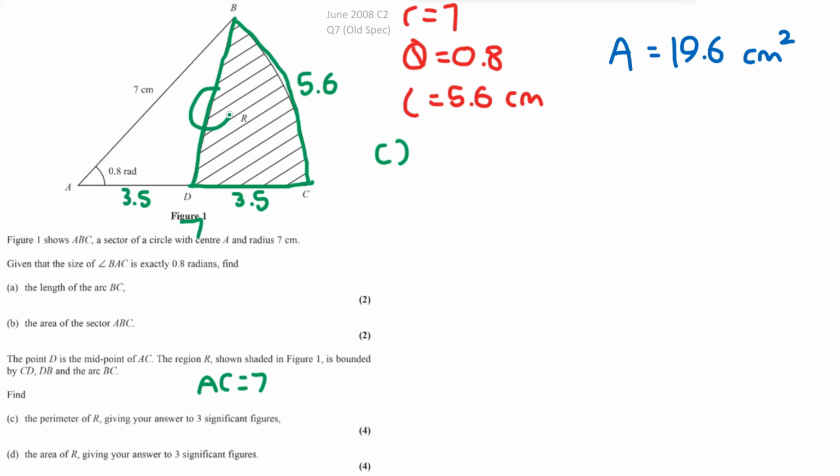So now we just need to find this side here, and we can do this because we have two sides of this triangle here. We have two sides and the angle in between. So we can use the cosine rule.